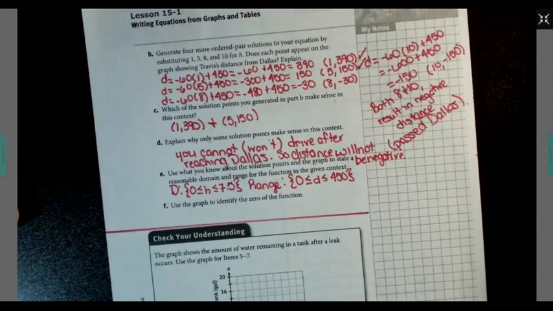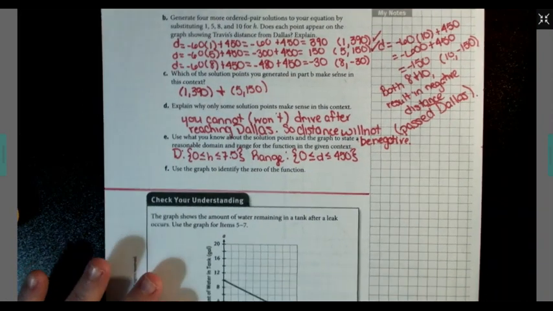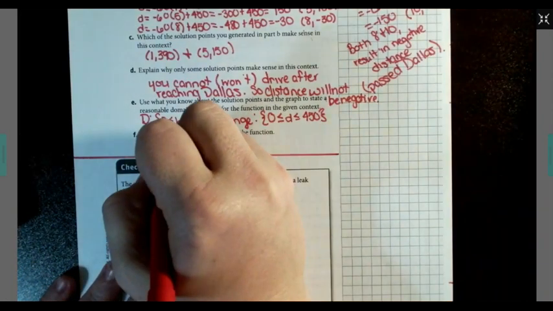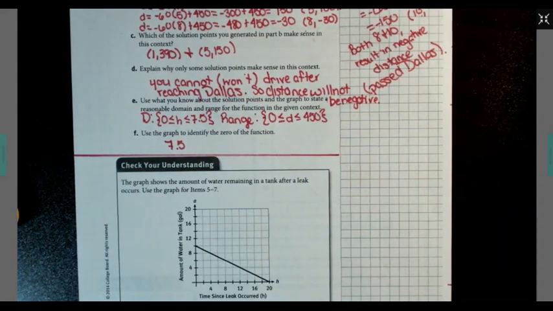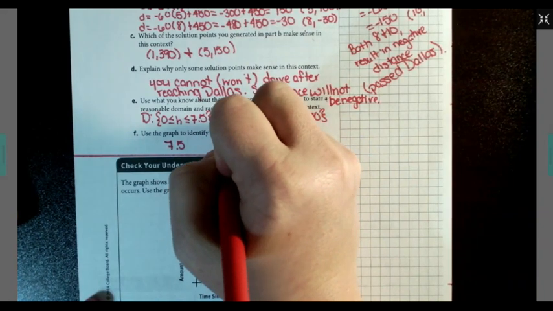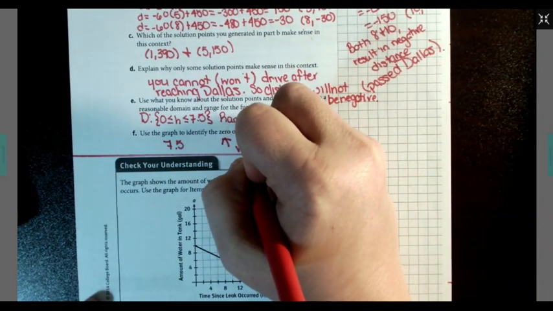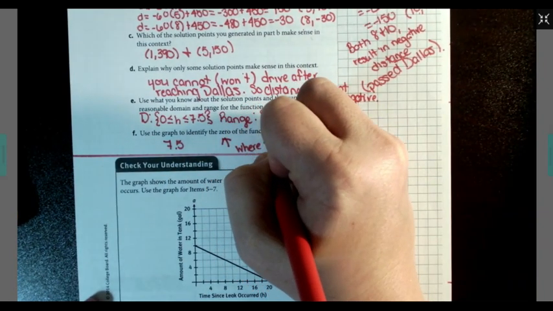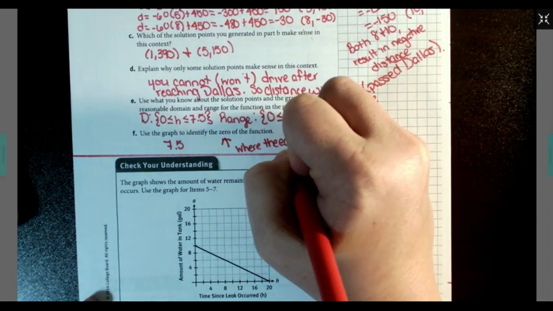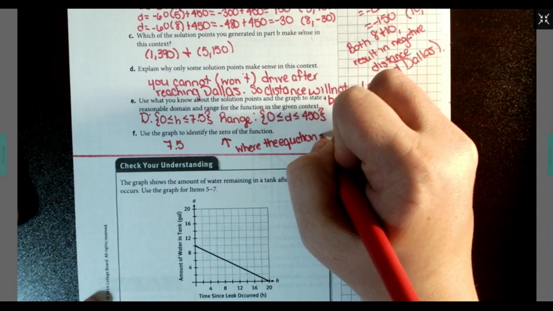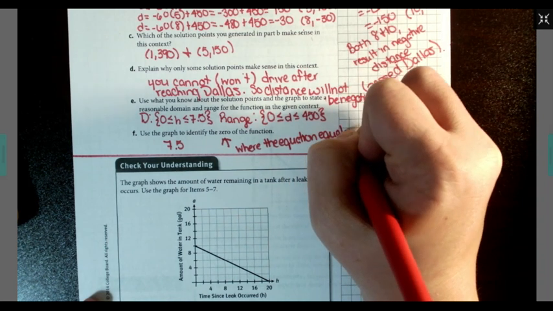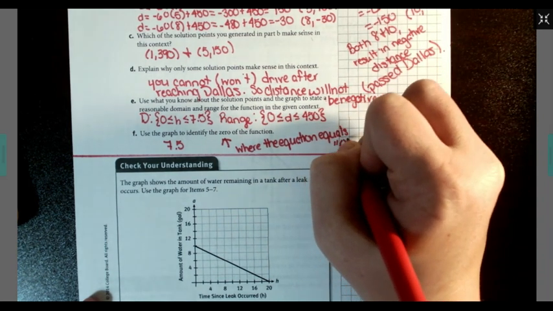So basically, at what point will my function equal 0? At 7.5. And this is where the equation equals 0.